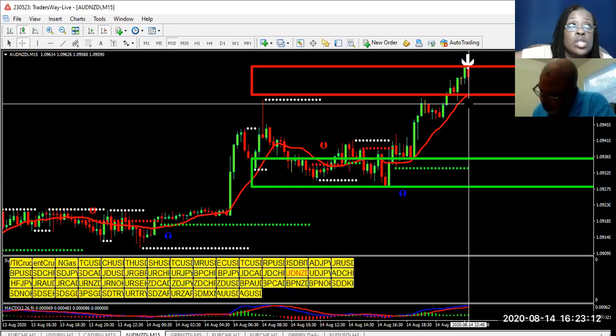If it closed on the dot, we wait until the next qualifying candle breaks that zone or those dots. In other words, close below those dots or above those dots, depending on the position you're taking.